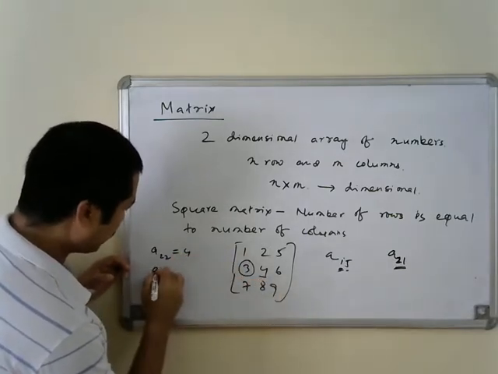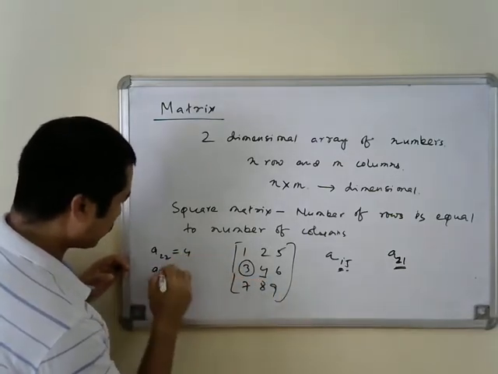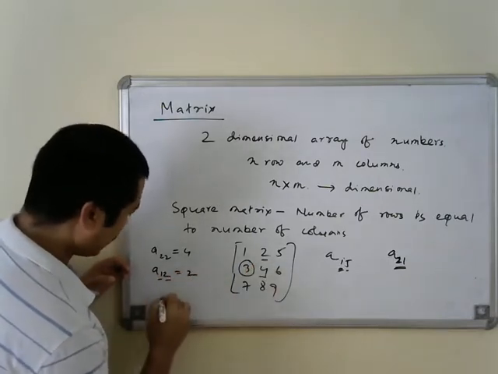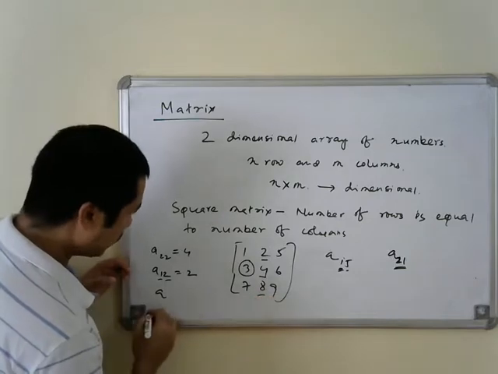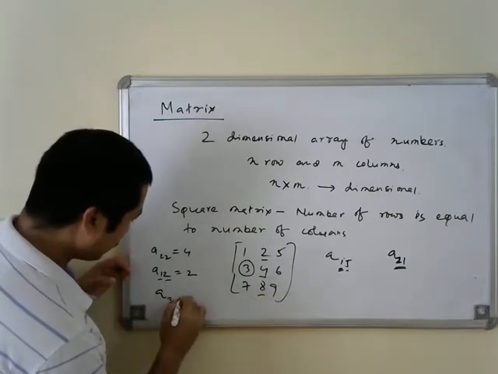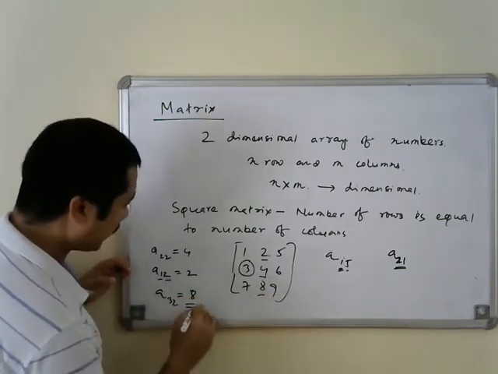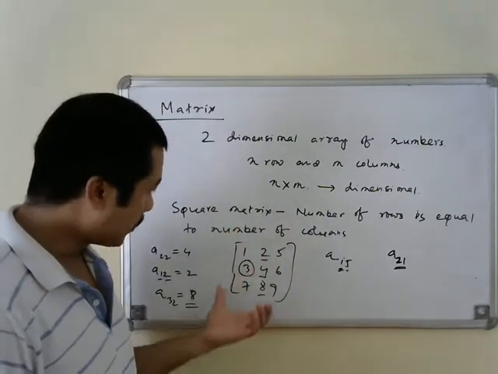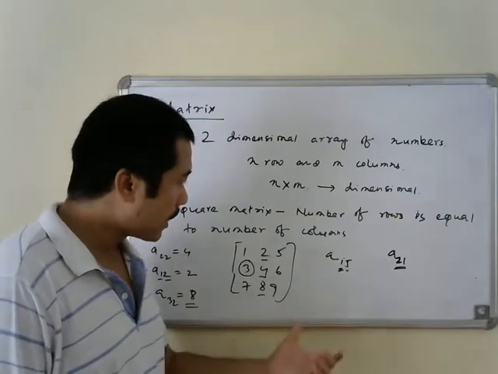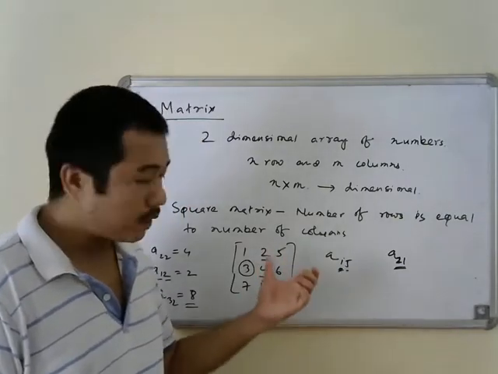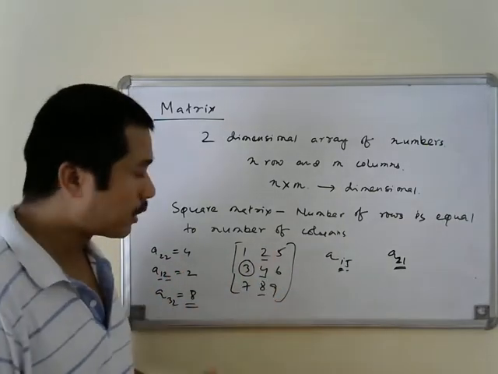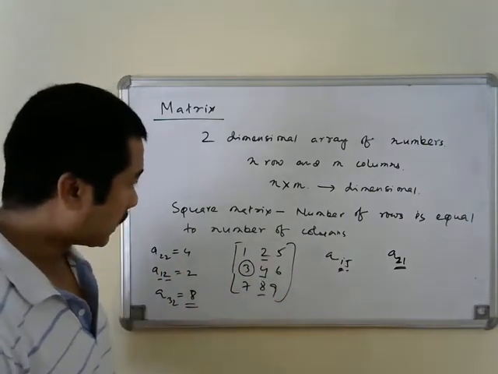If you want to know a_12, that is first row, second column, so that is element 2, and the third row, second column is going to be equal to 8. So that is how you describe a particular element within a given matrix, by denoting which row number and which column number it belongs to.